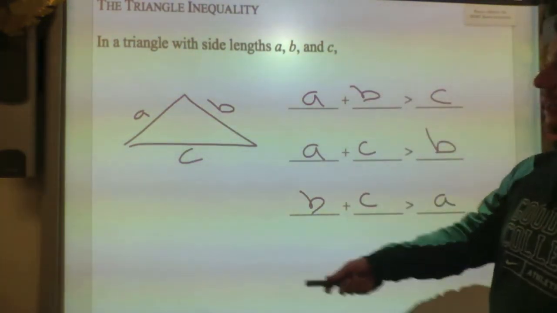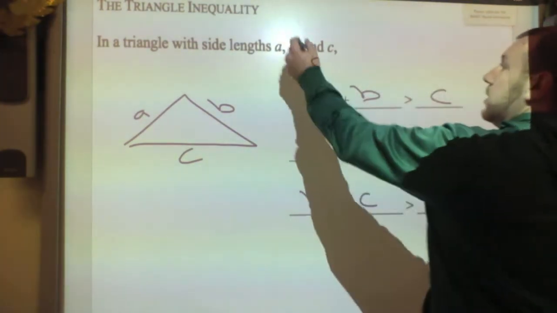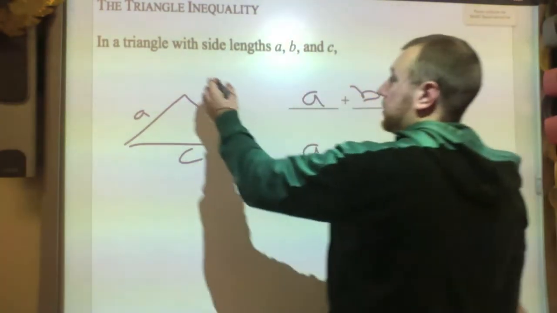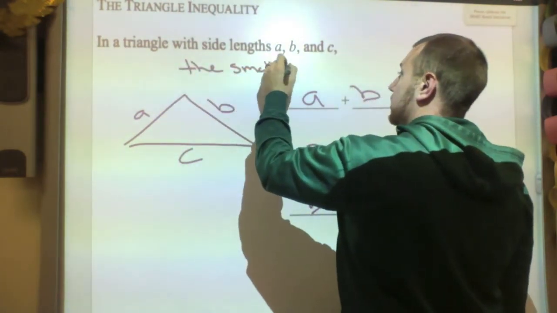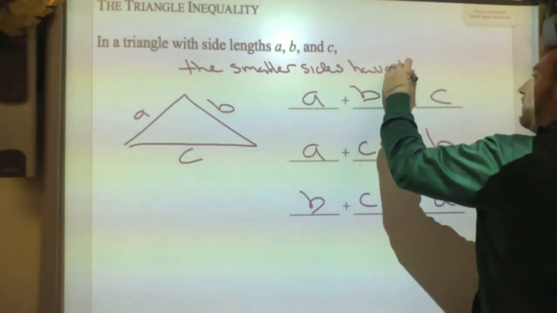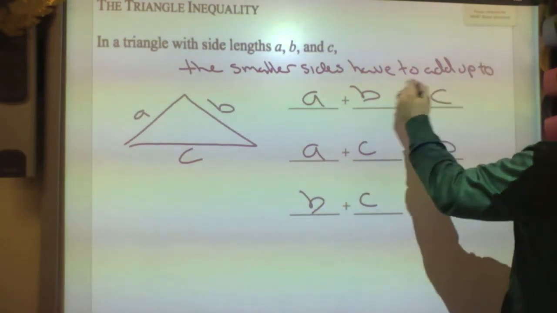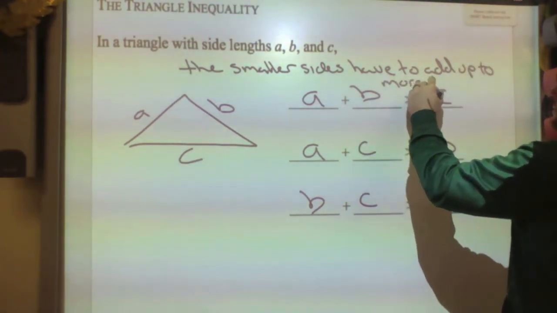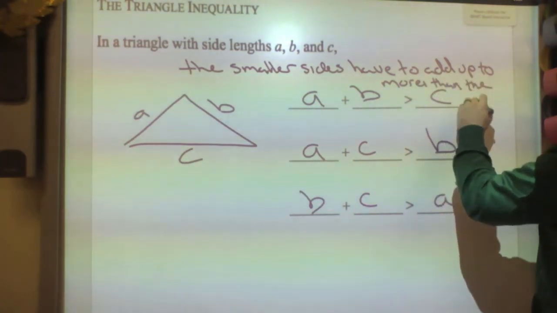Let's say C is the largest side. What you have to take away is the two smaller sides have to add up to more than the largest.